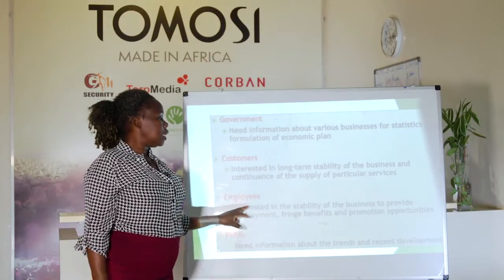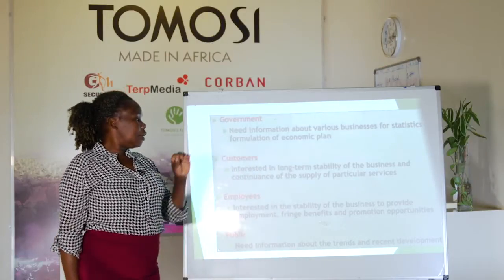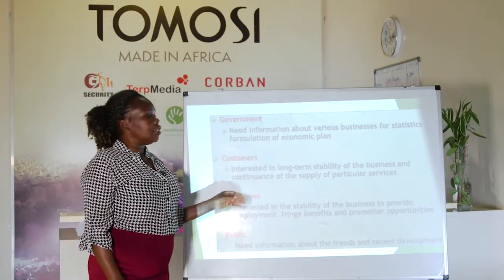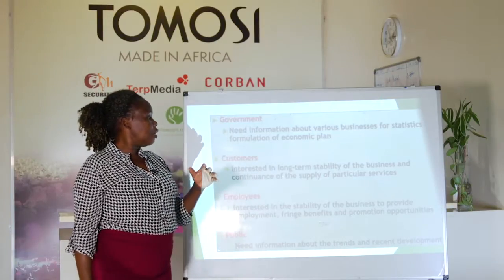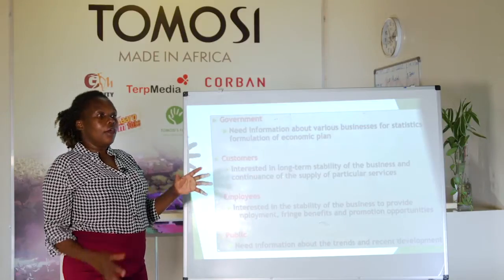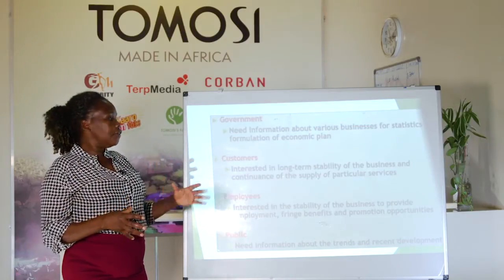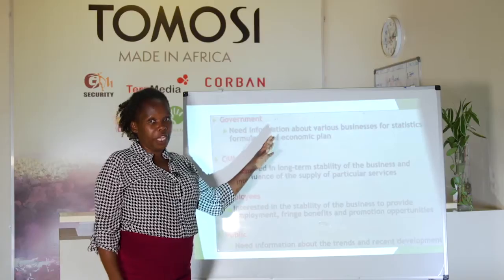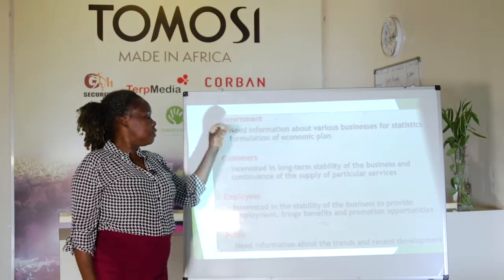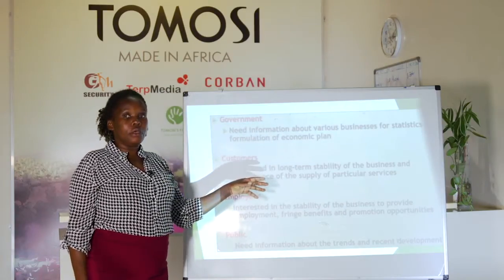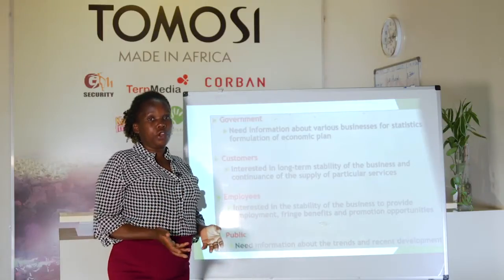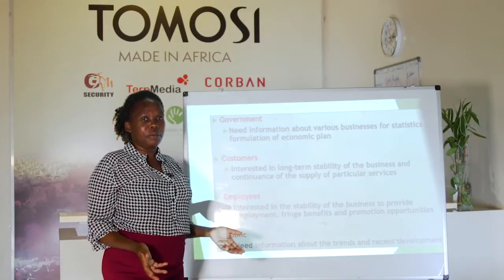I'm talking about the fringe benefits, the stability, the employment, the promotion opportunities. You can only tell that from a financial report in a way. If you want to know a business can pay you well, you'd want to look at the financial report. By the way, are they performing?